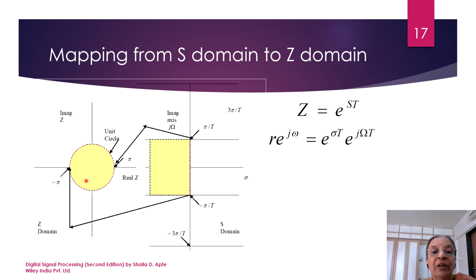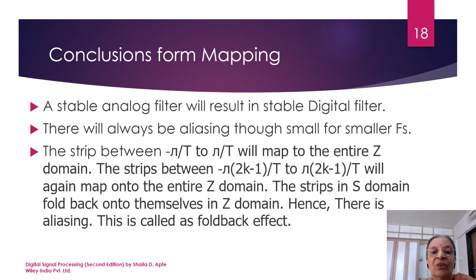So all these strips map onto the same z domain, and there will be aliasing all the time because the strips are mapping onto themselves. This is also called the fold back effect. These strips are folding back onto themselves.